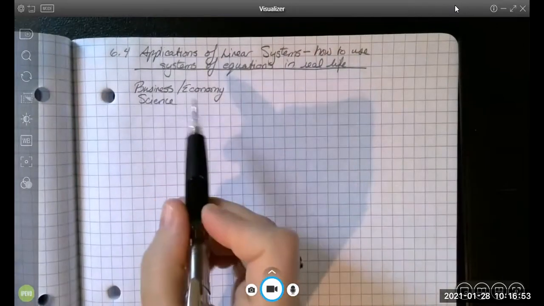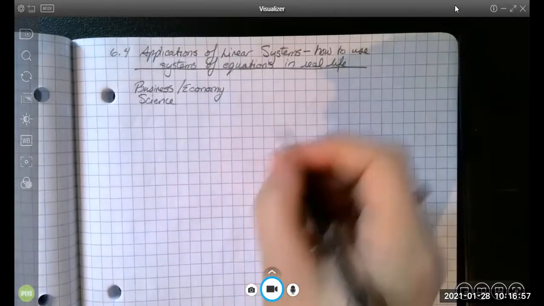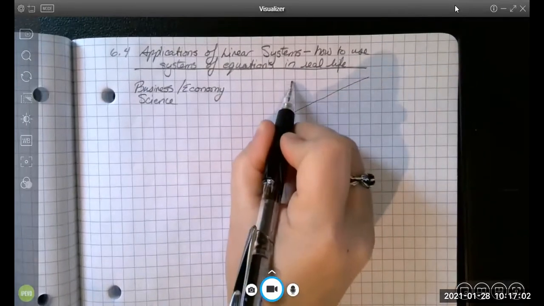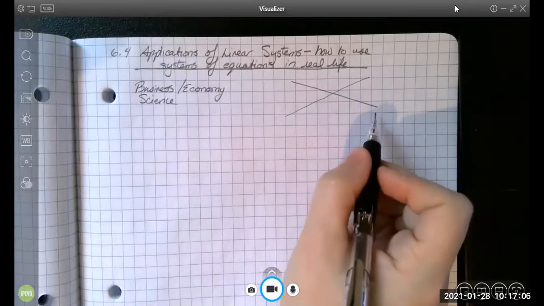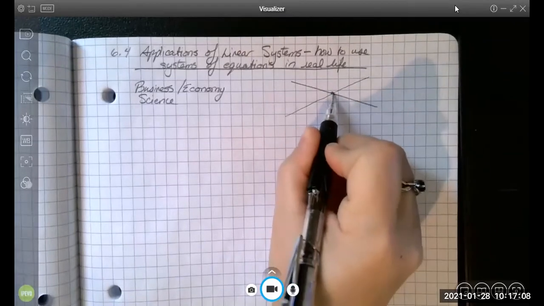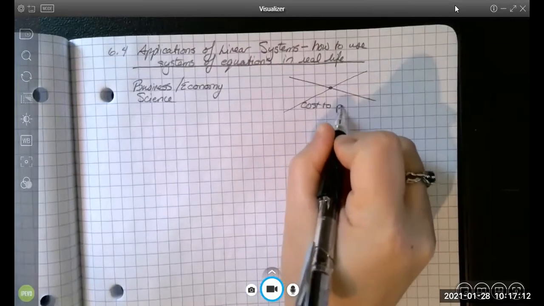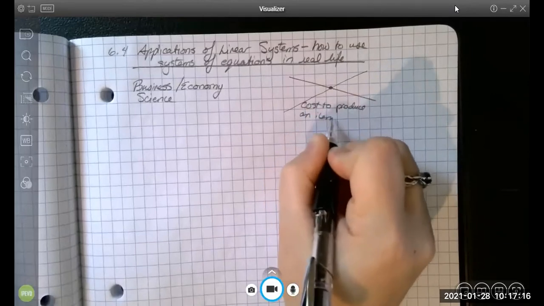Yeah. So, like I was saying, with business, you're going to have one graph that describes the cost of producing an item. You might have another graph that describes the cost of producing many, many of them. So this is cost to produce an item.